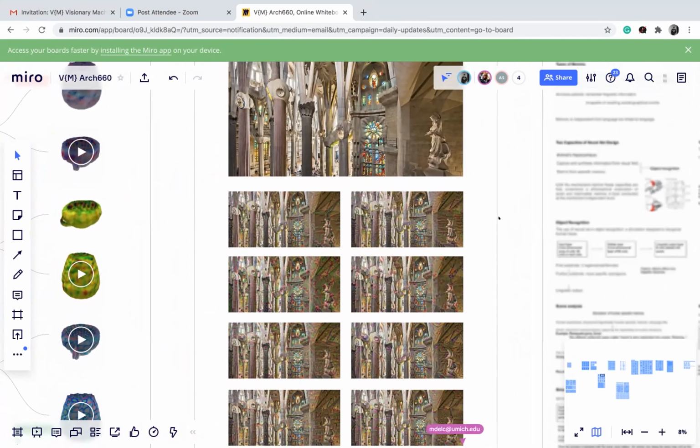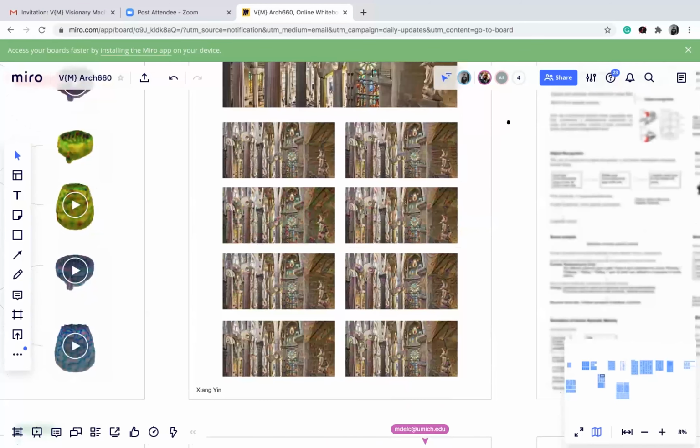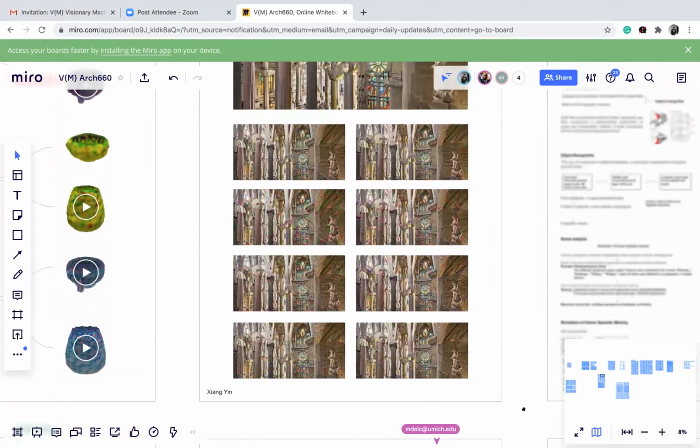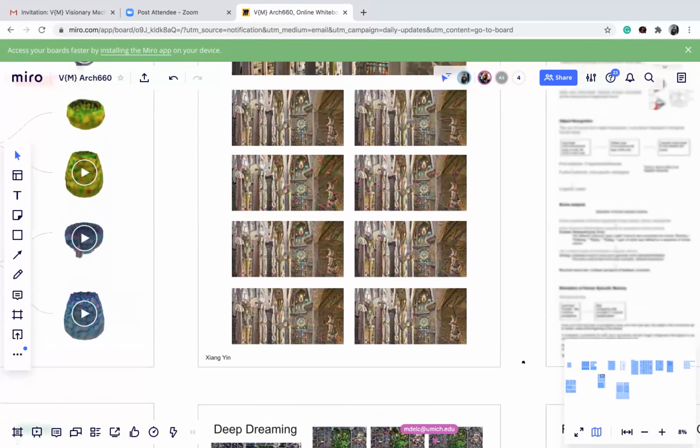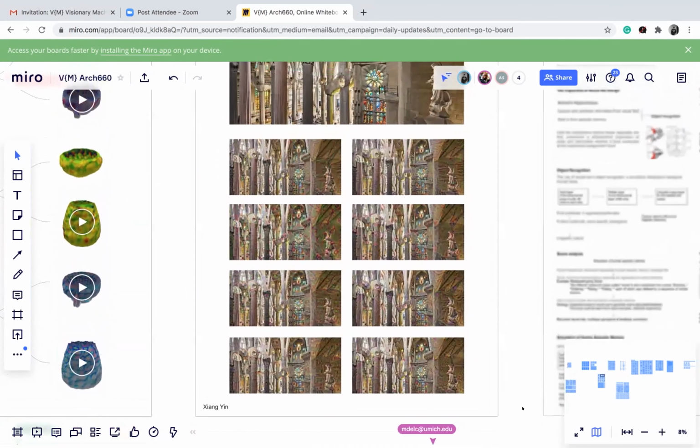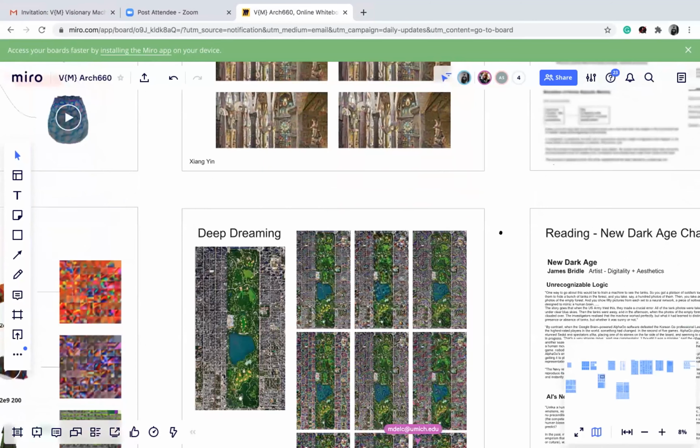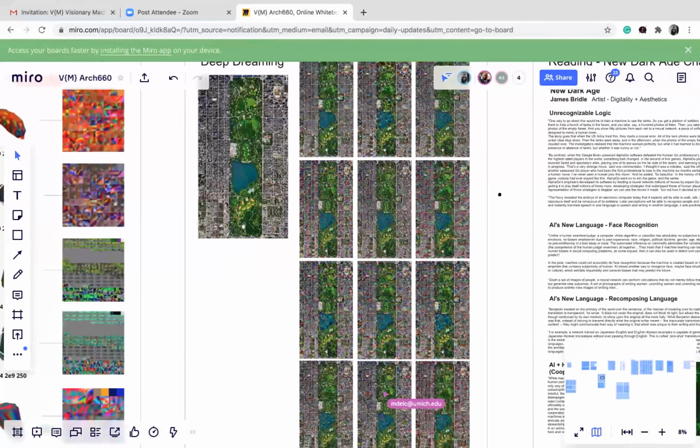So we try 2D deep dreaming, like different kinds of styles of the original image. Here we choose three different types of ways to use Google Deep Dreaming, like architecture and also the city and also the painting.